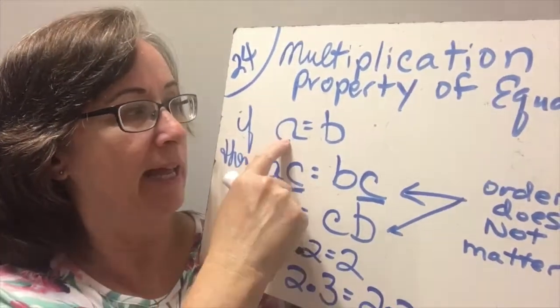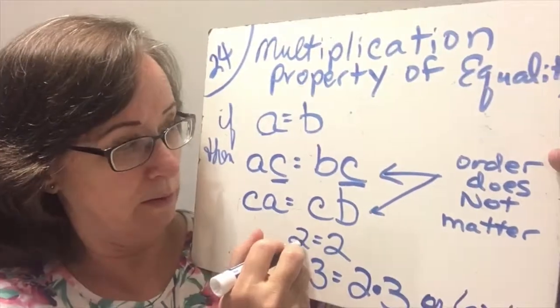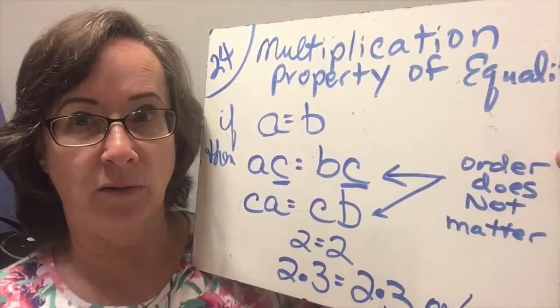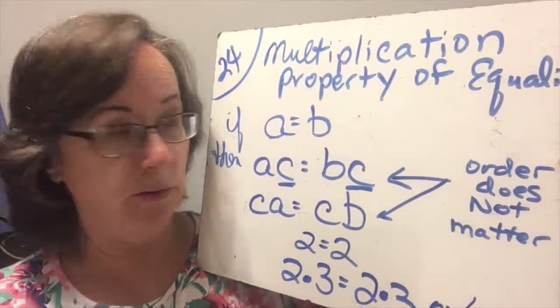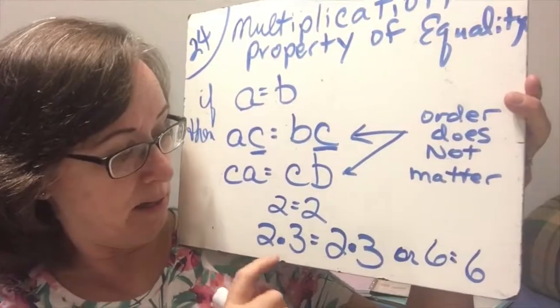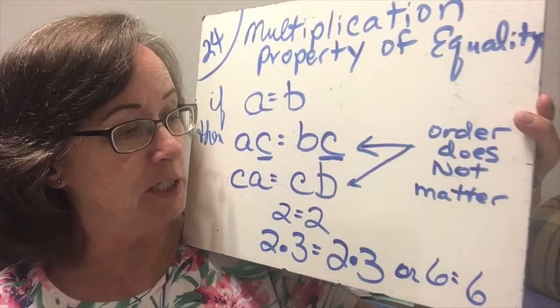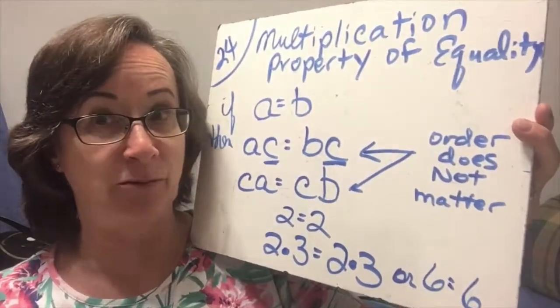In other words, suppose A was 2 and B was 2. Then 2 equals 2. And if we multiplied both sides by 3, we'd get 2 times 3 on the left, and 2 times 3 on the right, which means we would get 6 is equal to 6, which is a true statement.